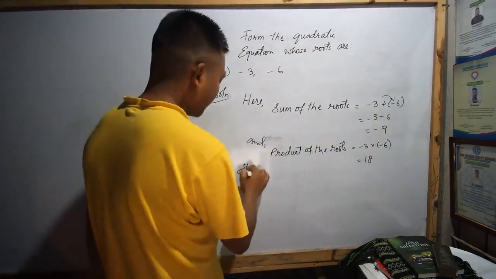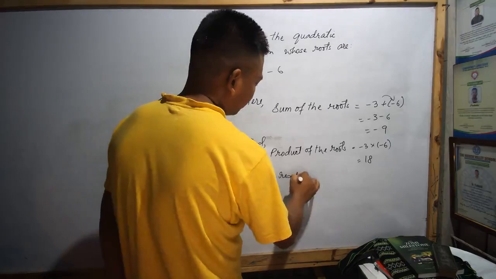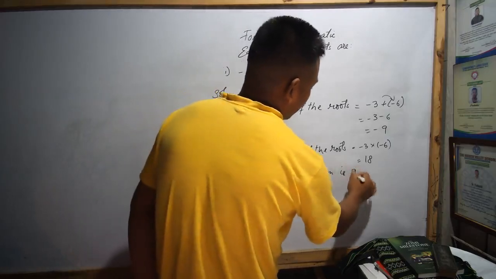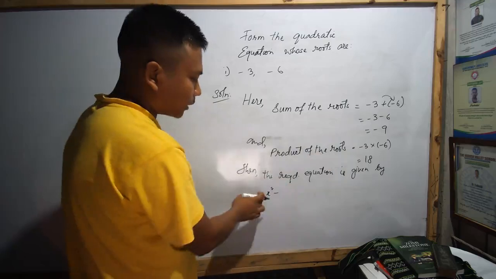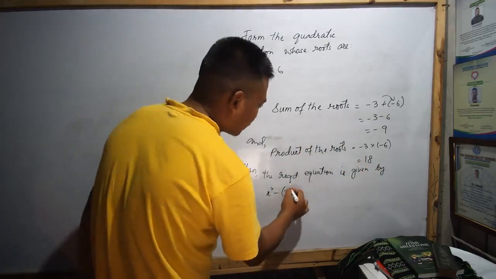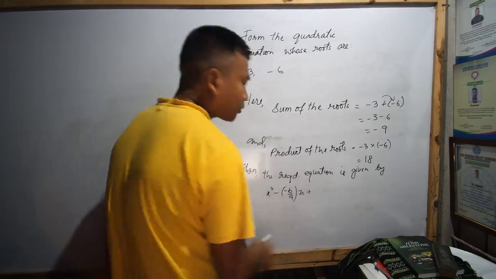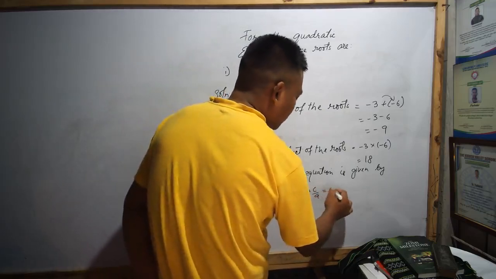Then the required equation is given by x square minus sum of the roots, denoted by minus b by a, x plus product of the roots, denoted by c by a, is equals to 0.